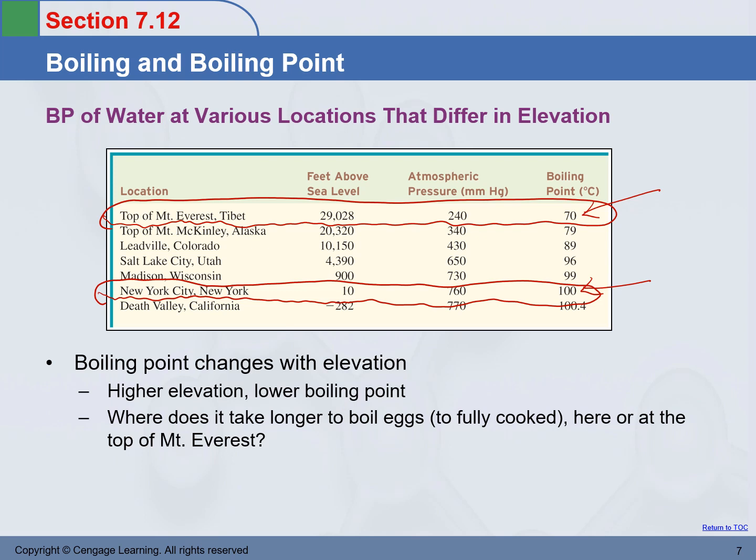The temperature will stay at 100 for us. So basically, we are cooking our eggs at 100 degrees Celsius. Tibet people can only cook their eggs at the highest temperature of 70 degrees Celsius. Of course, it takes longer for them to cook the eggs. Our eggs will be fully cooked sooner. Make sense to you?